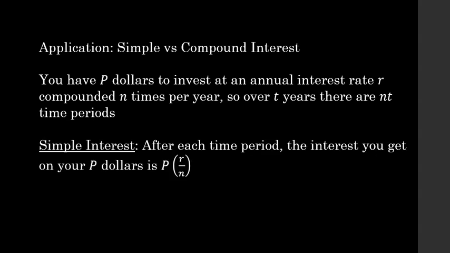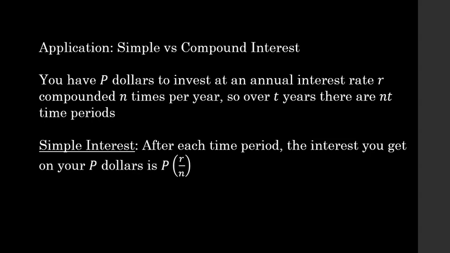Well, simple interest, after every time period, the interest you get on the $P that you put in at the start is P times R over N. Now, as a note, this annual interest rate R is being used as a decimal, not as a percentage. So if your annual interest rate was, say, 3%, you're using it here as 0.03, not 3.